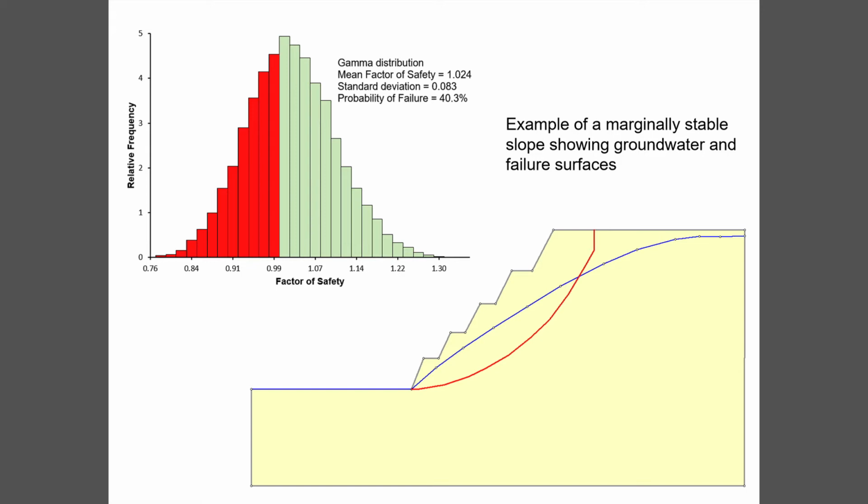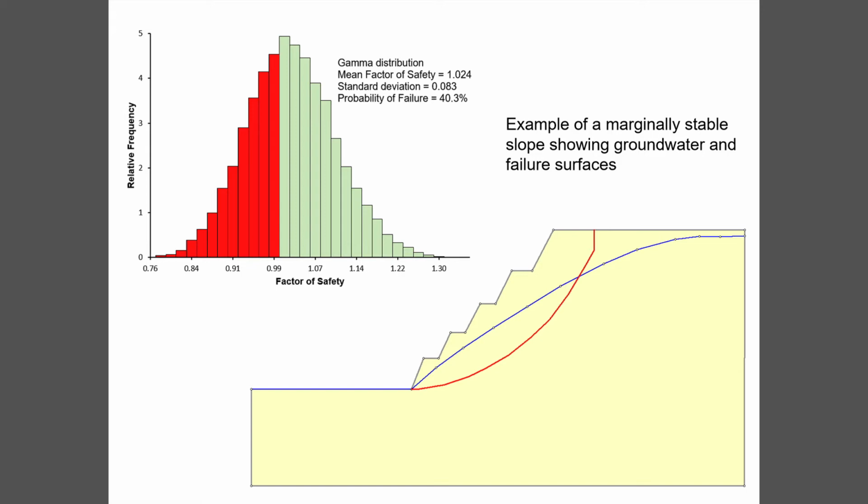And what you see there is the slope profile. The blue line is the groundwater surface, or the phreatic line, and the red line is the calculated failure surface with a tension crack at the top and a non-circular failure surface emerging at the toe. And a probabilistic analysis of this gives us a factor of safety very close to 1.